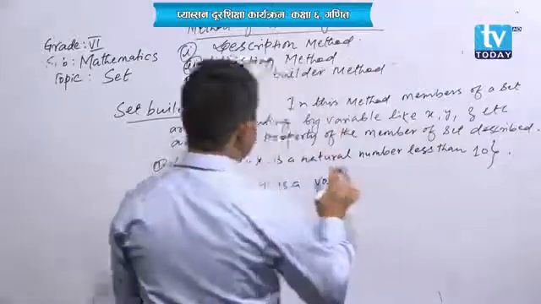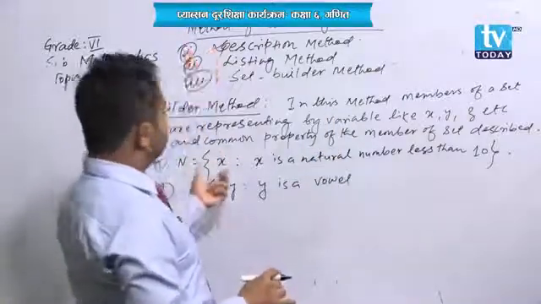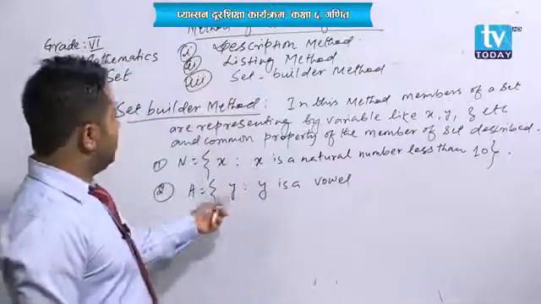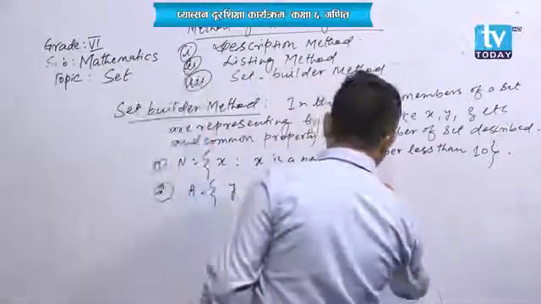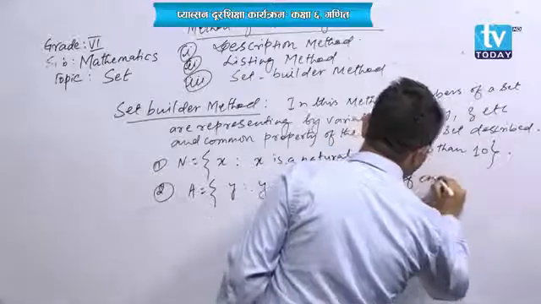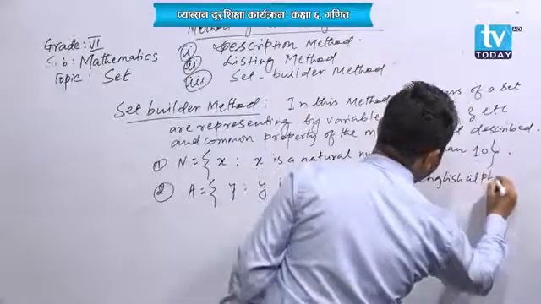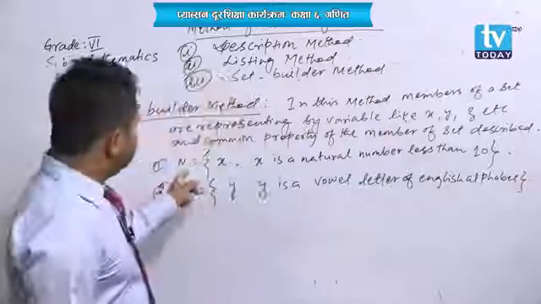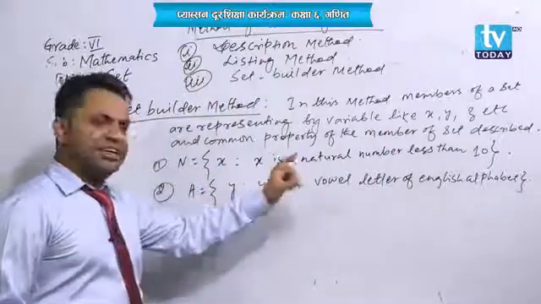I am giving the same example as in the description method and in the listing method; here also we are writing the same example. N means natural number, x is a natural number less than 10.